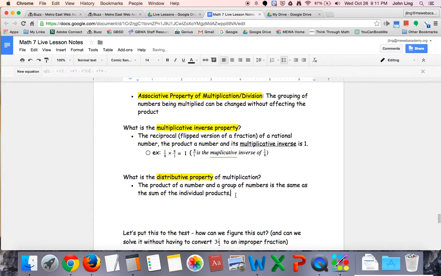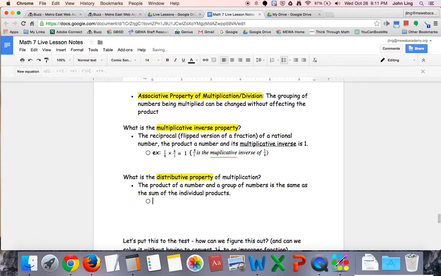So the product of a number and a group of numbers is the same as the sum of the individual products, okay? So let's say we have an example here, and I'm not going to use fractions here, I'm going to use whole numbers. So let's say 3 times 2 plus 7.